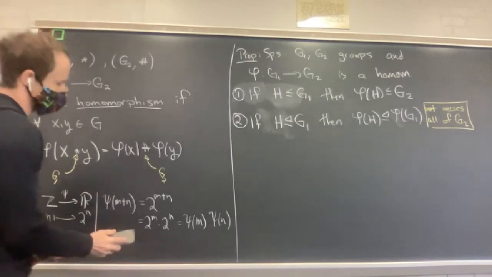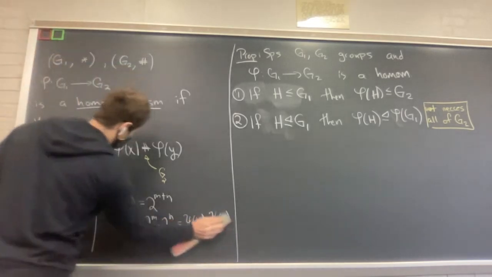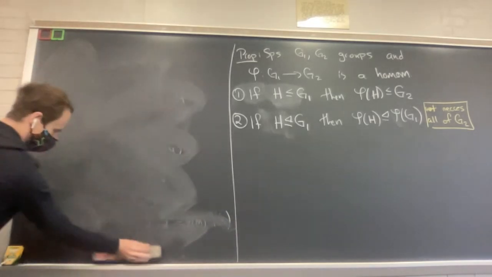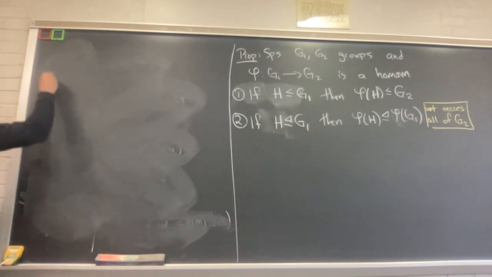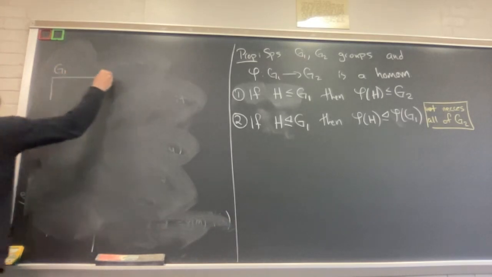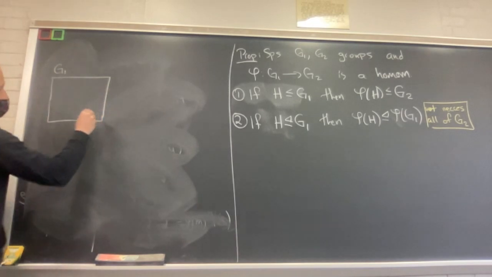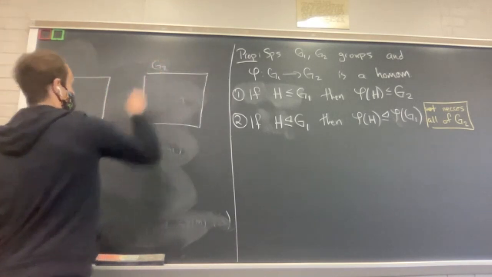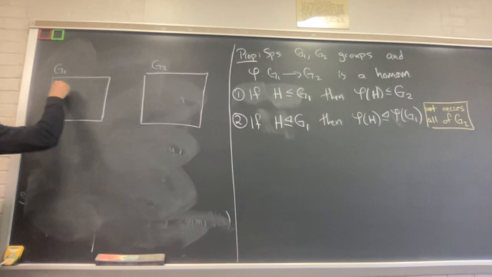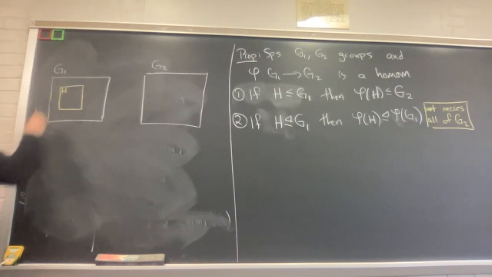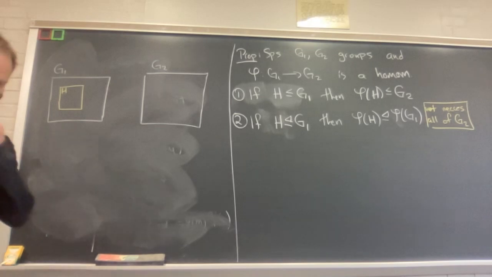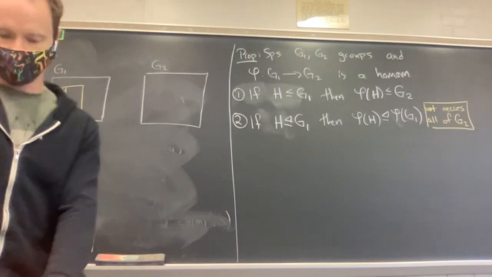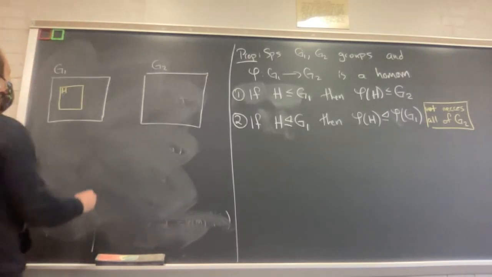So you've got some sort of picture like this. Your group over here, G1, your group over here, G2. Inside of G1, you've got a subgroup, which I'll call H. Remember, homomorphisms don't have to be bijective like isomorphisms do, so that means they don't have to be surjective.